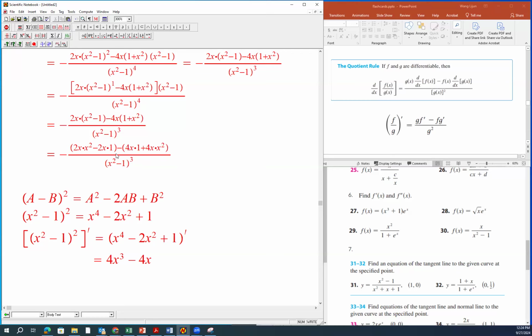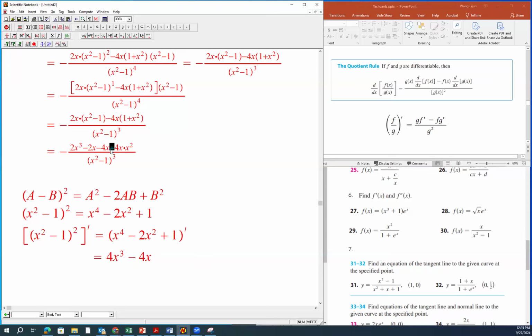Meanwhile, it's just equal to 2 times x raised to the power 3 here, and minus 2x over here is going to be minus 4x. And subtracting, because minus 4x times 1 plus x squared, so this is going to be 4x to the power of 3.